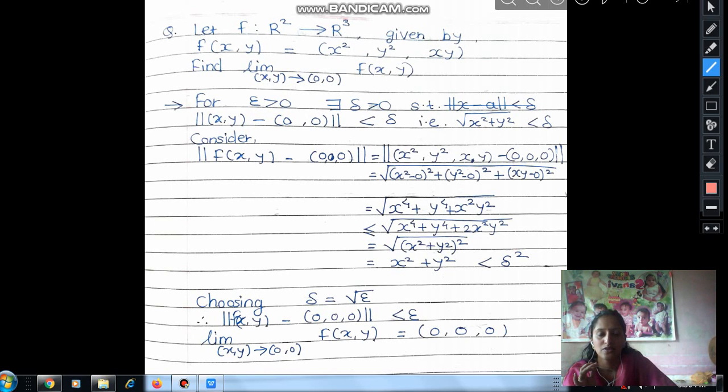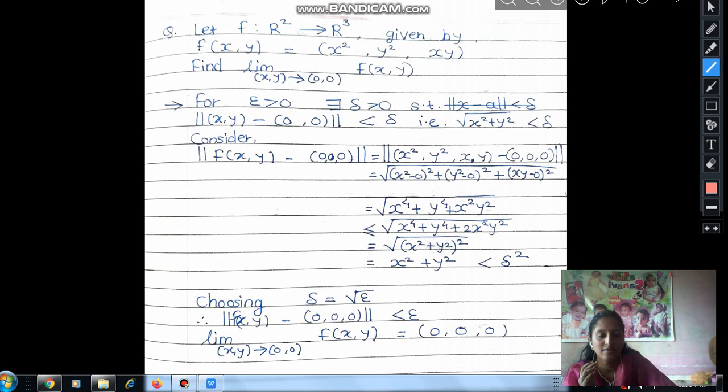So by using the definition, for epsilon greater than 0, there exists delta greater than 0 such that norm of (x, y) minus (0, 0) is less than delta. Norm of (x, y) minus (0, 0) less than delta means square root of x square plus y square is less than delta. So we consider norm of f of (x, y) minus f of (0, 0). Remember we are in vector valued function, so here consider norm.